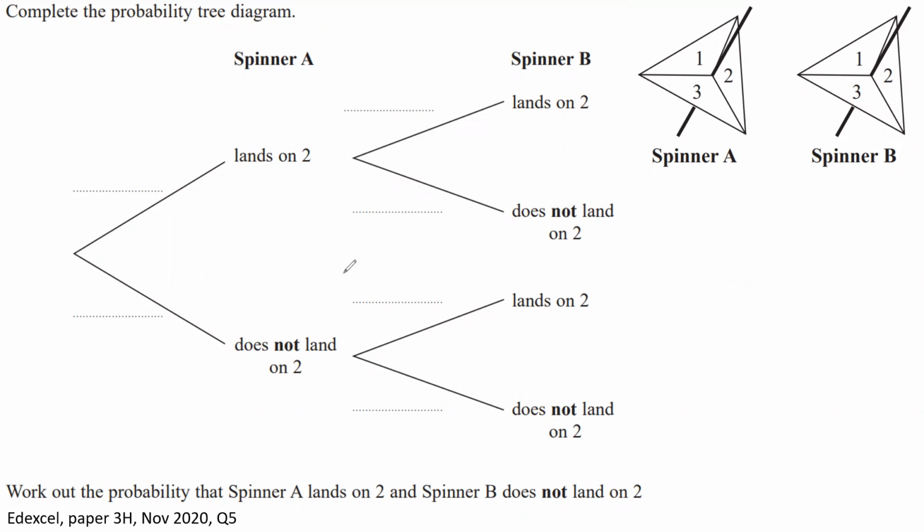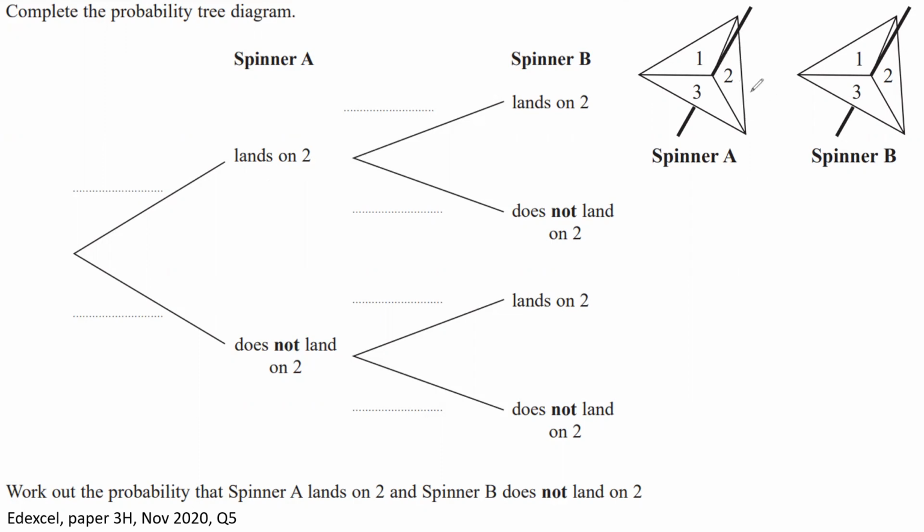Okay, so the way that I would tackle this question, we start with spinner A. So we're looking at two different probabilities, the probability that spinner A lands on a 2 or that it doesn't land on a 2. If we look at spinner A over here, we can see that there are 3 different outcomes. It either lands on a 2 or a 1 or a 3. It's a triangle shaped spinner, and we've got 3 different sides.